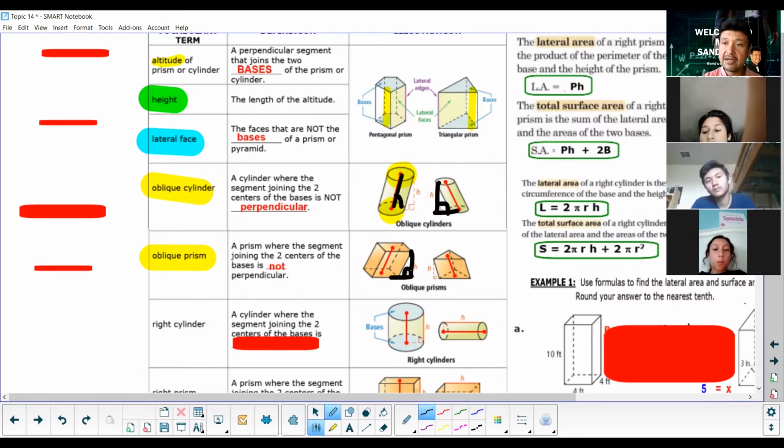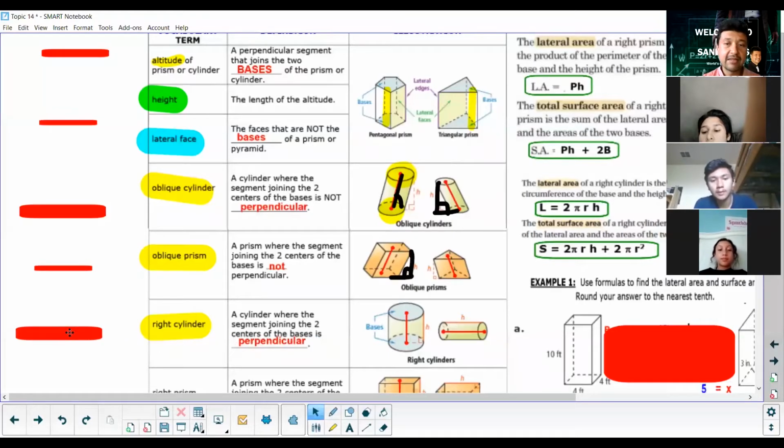All right, Marcus, go ahead and read right cylinder. A cylinder where the segment joining the two centers of a base is perpendicular. Yeah, in this case, you're going to discover that the height and the altitude are going to be the same as a result.